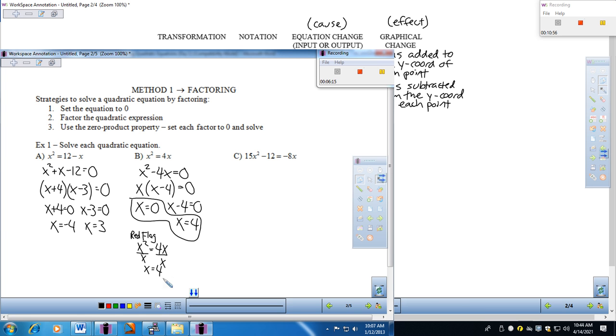And yeah, to some degree, 4 does work, but the only problem is you divide by a variable factor. And that's kind of a no-no in working with equations, because when you divide by that factor, you lose the solution that came from that factor.